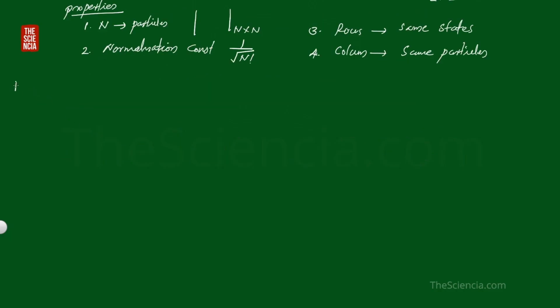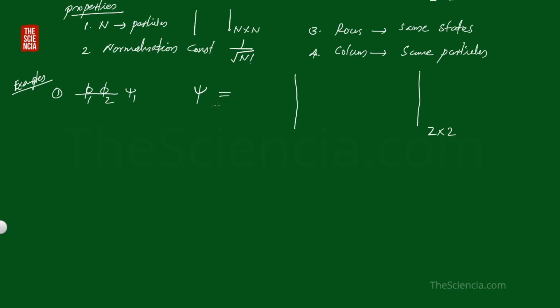Now let us discuss some examples. As the first example, we are taking the earlier case, that is, in the psi 1 state there are 2 particles, phi 1 and phi 2. By the Slater determinant, we can write the total wave function, that is the product of spin part and space part, in determinant form. There are 2 particles, so the determinant will be 2 by 2.